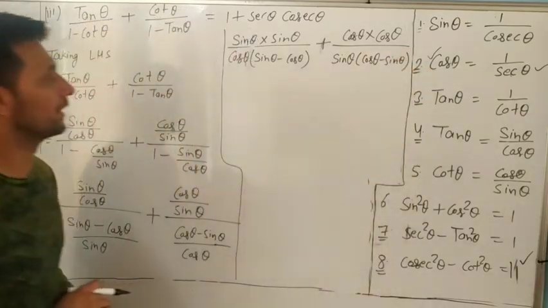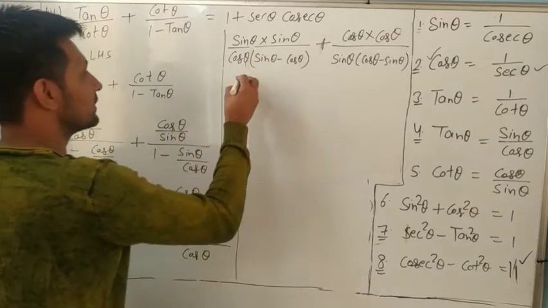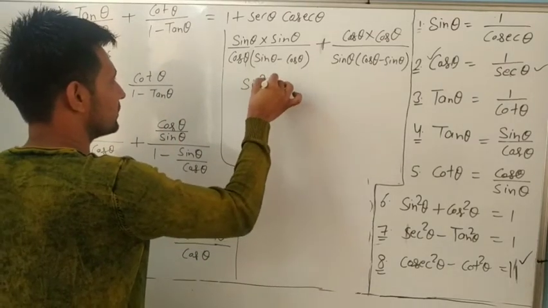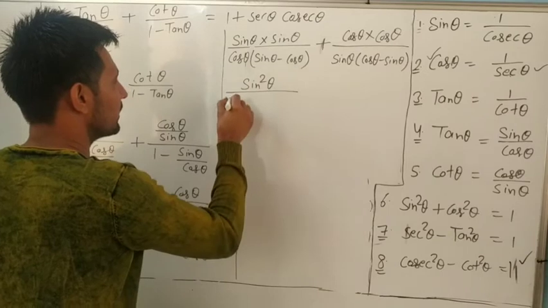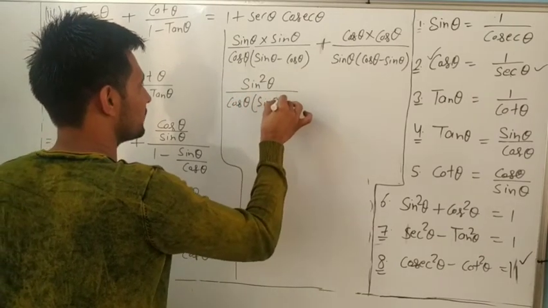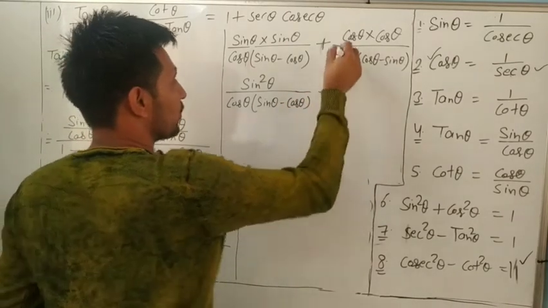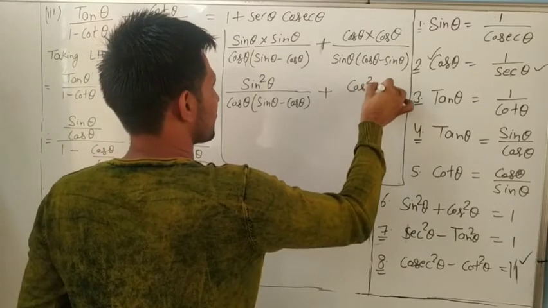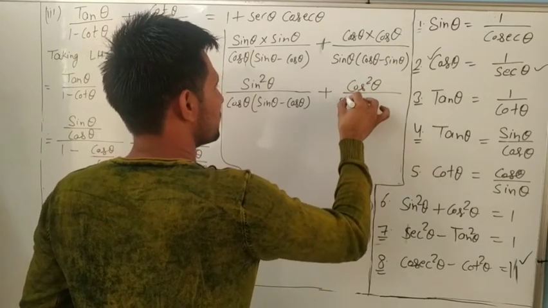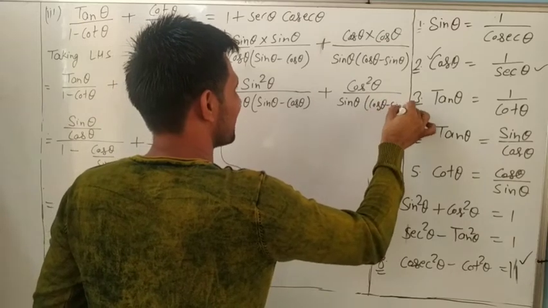Now look at here: again sin theta into sin theta, sin square theta upon cos theta into sin theta minus cos theta, plus cos into cos, cos square theta upon sin theta into cos theta minus sin theta.